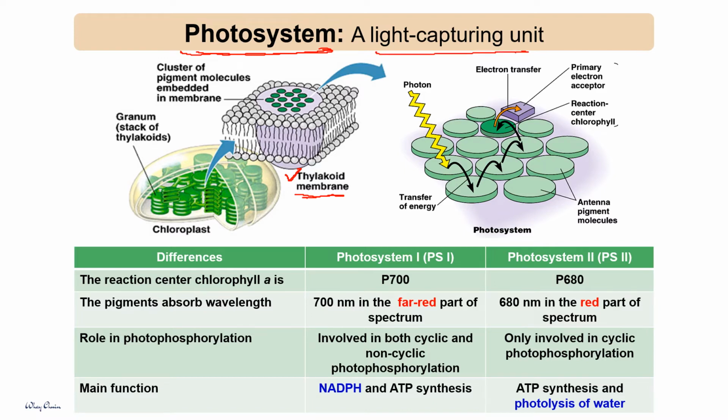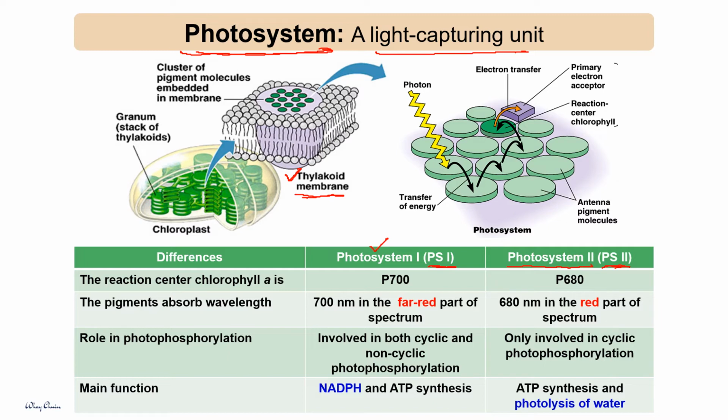There are two types of photosystem found in the chloroplast, at the thylakoid membrane. The first is photosystem 1, with the abbreviation PS1. The 1 must be written in Roman numerals. The next is photosystem 2, with the abbreviation PS2. These two photosystems show a few differences.